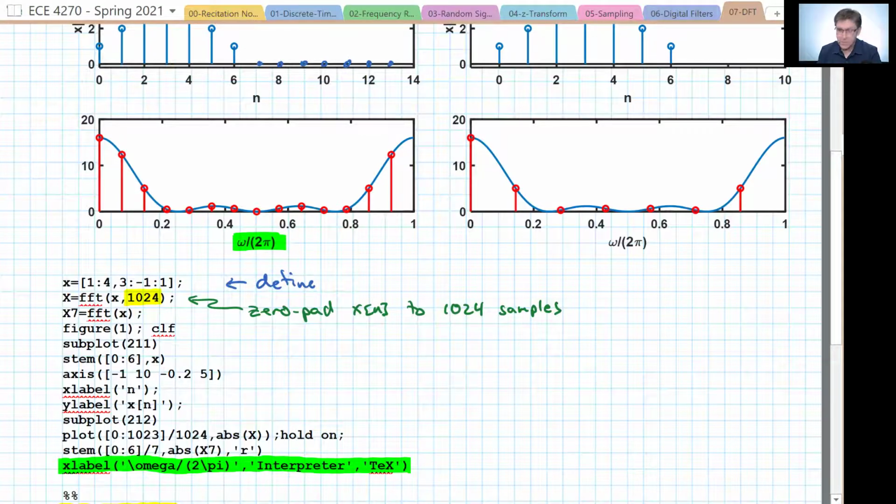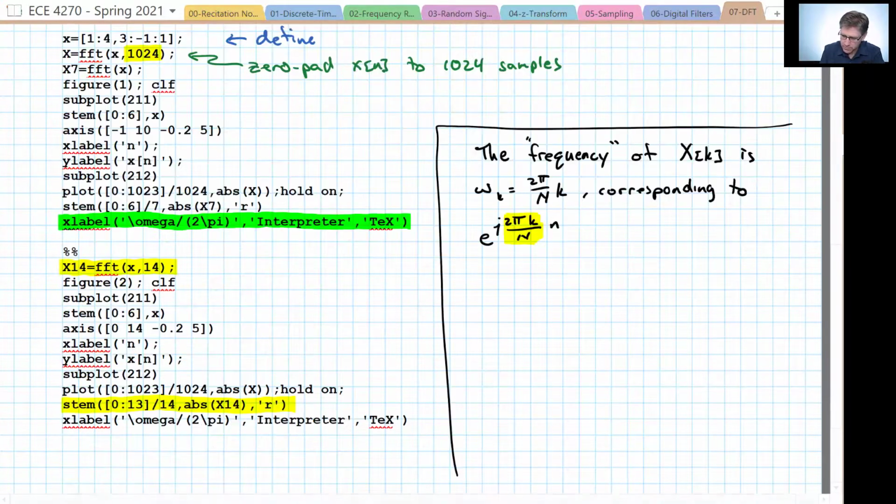One last thing that I almost forgot to bring up is what happens with negative k and what happens with negative frequencies. So the frequency of x of k is omega k, which is 2 pi over N times k. And that corresponds to our term e to the j 2 pi kn over capital N. What if we had a negative k?